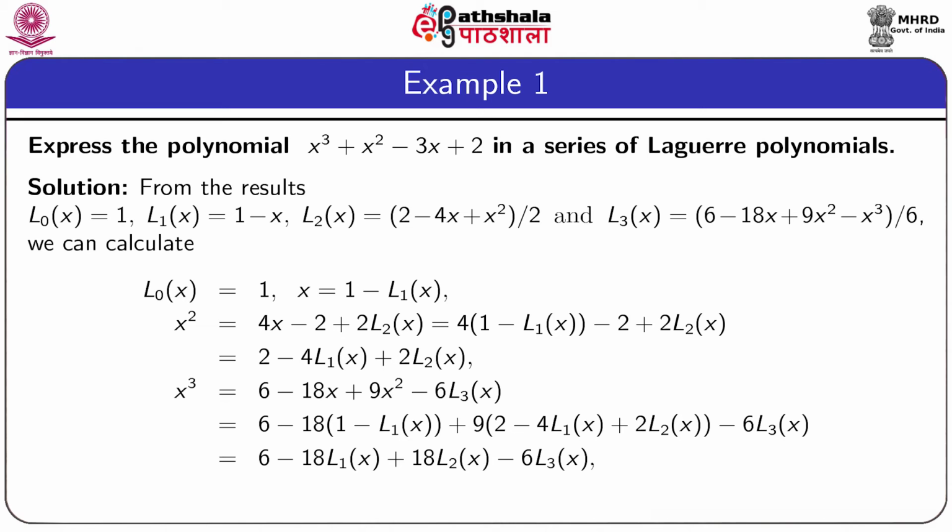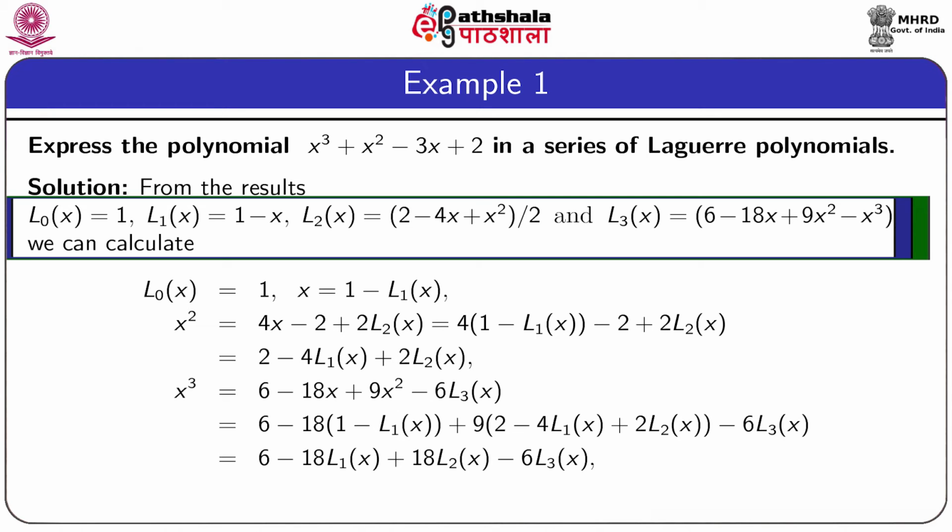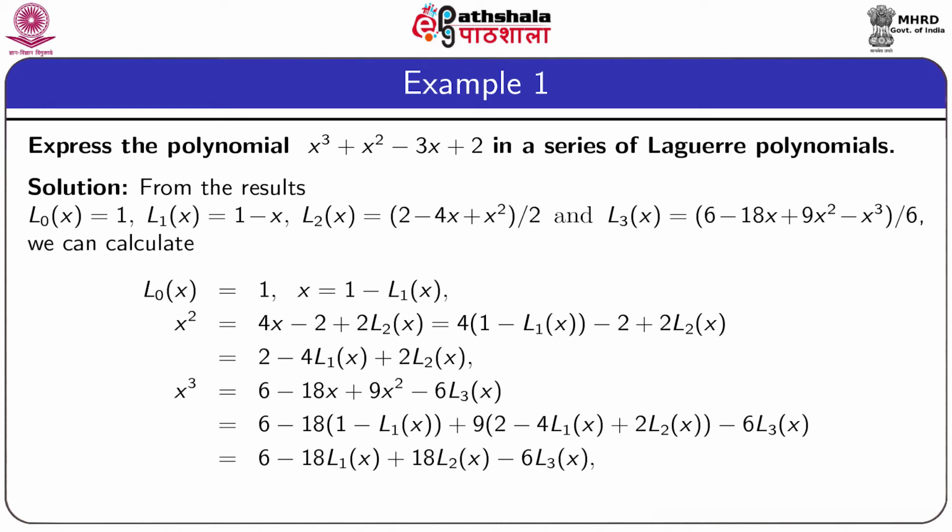Let us consider an example where you have to express the polynomial x^3 + x^2 - 3x + 2 in a series of Laguerre polynomials. Now, from the results we have L_0(x) is equal to 1, L_1(x) is equal to 1 - x, L_2(x) is equal to (2 - 4x + x^2) divided by 2, and L_3(x) is (6 - 18x + 9x^2 - x^3) divided by 6.